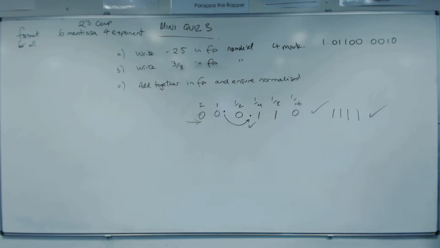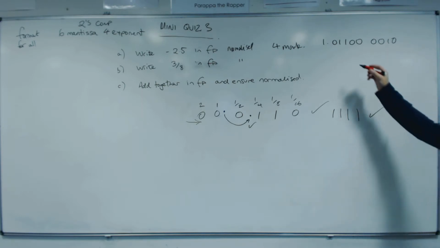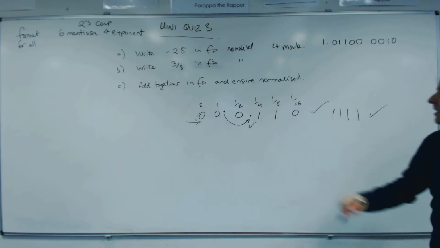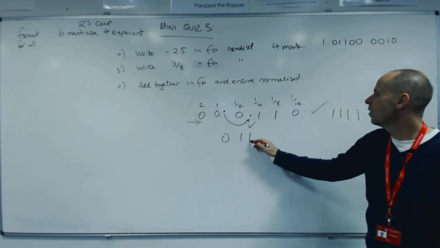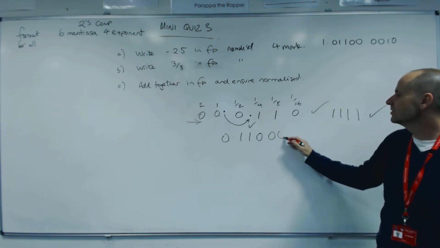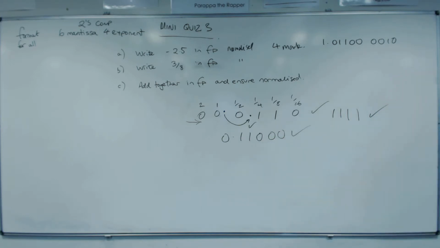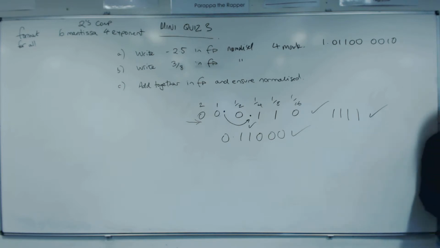Anyone got any questions? No? Right, so if I rewrite that out, that's 0.110 padded with 2 zeros. You get marked for the final mantissa. In the questions, you'll be lucky if you get 3 marks: 1 mark for working, 1 mark for a mantissa, and 1 mark for an exponent.